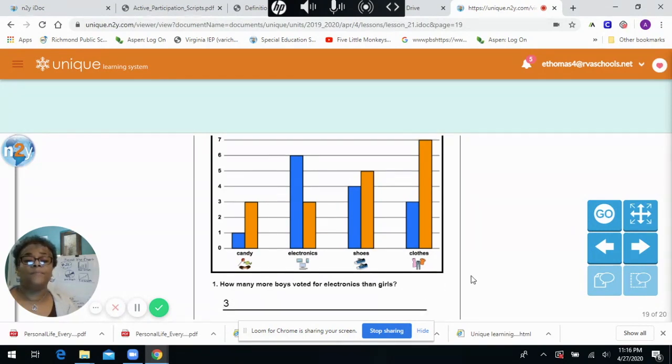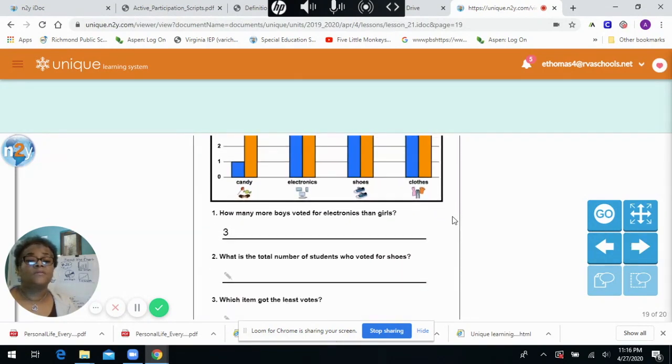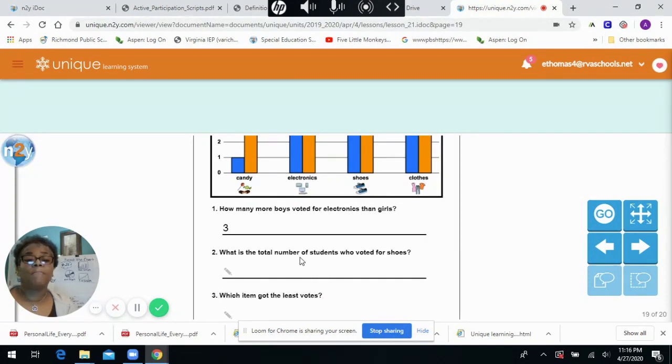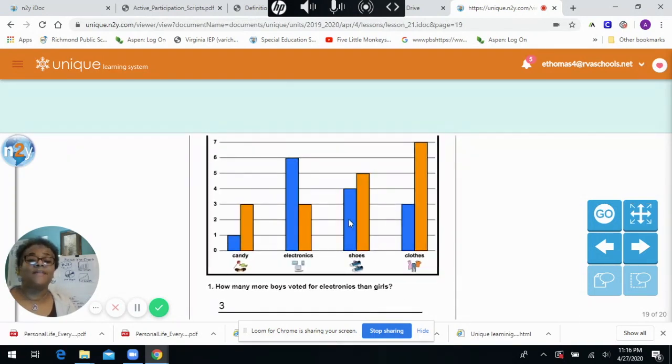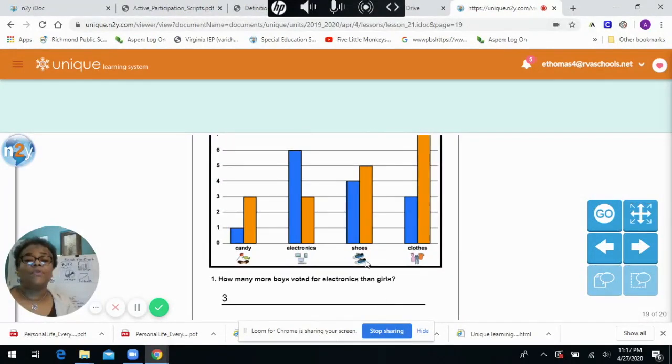The next one is, what is the total number of students who voted for shoes? The total number. So that means we have to add the boys and the girls together. So we go to the top, either we can count 1, 2, 3, 4. Then we go on this side, you continue to count, 5, 6, 7, 8, 9.